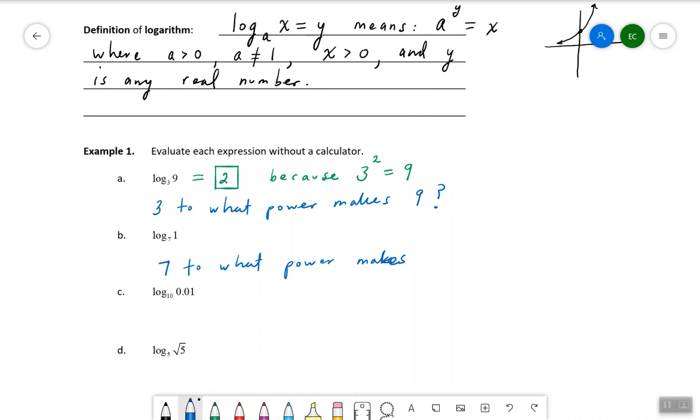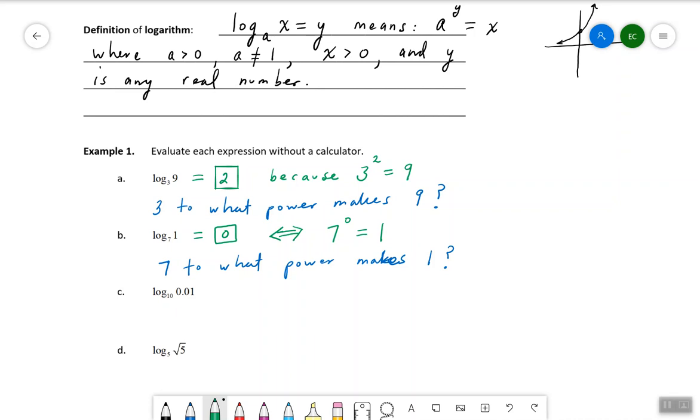And so that's 7 to the 0 power. We could actually put an arrow on both ends of that implication to say each equation implies the other.